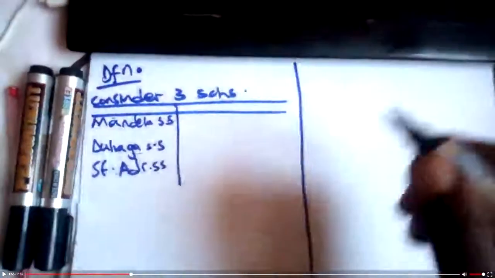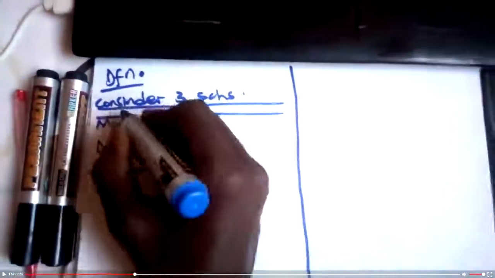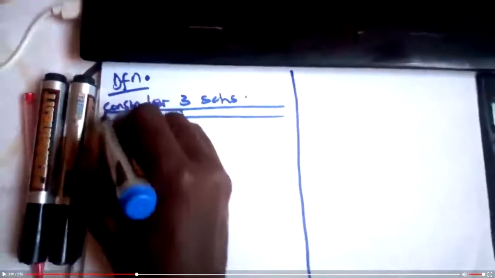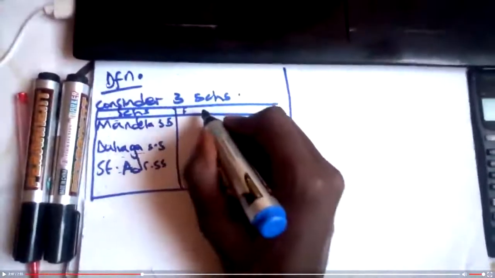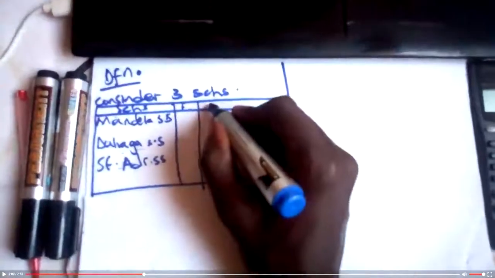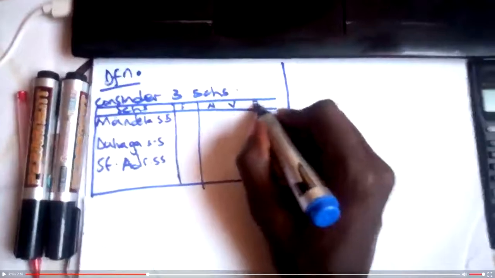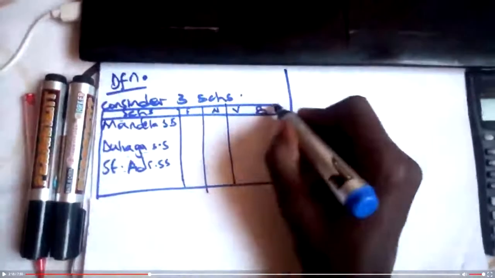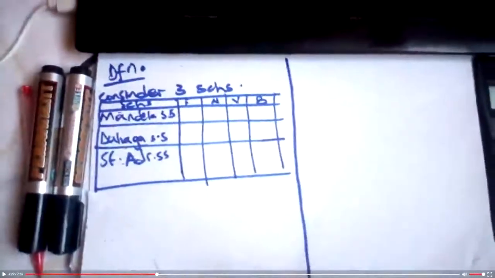Coca-Cola tournament, that is football, netball, volleyball, basketball. So these are the schools which are participating in that. So we are having football, let's say netball, let's have volleyball, and also basketball. So these schools are participating in these competitions.